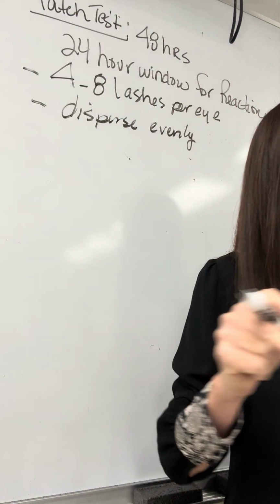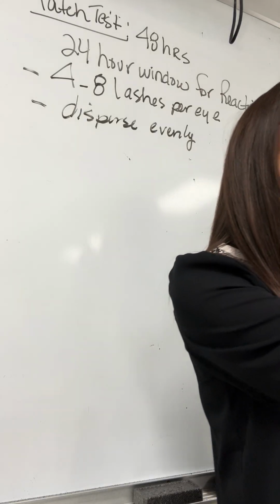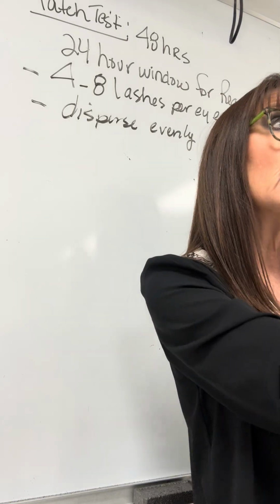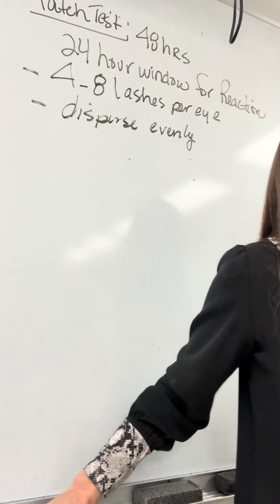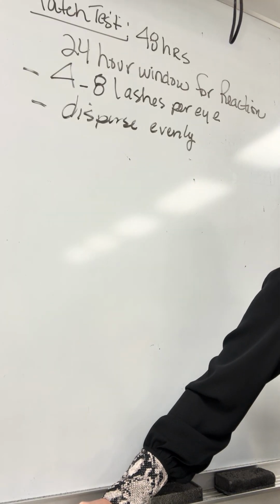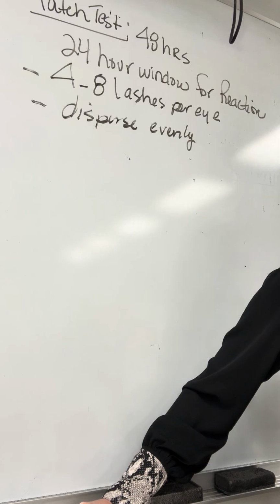You want maybe one in the corner, 2 in the center, maybe on each side of the iris, and then 1 on the outside edge. And send her packing for 24 hours. If the client feels any sensation or if the skin becomes itchy, irritated, or red, remove the test lashes.